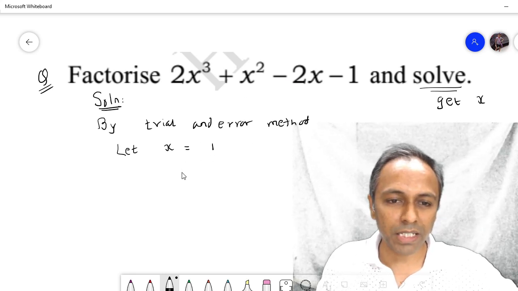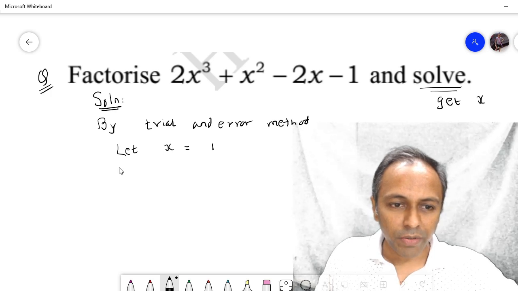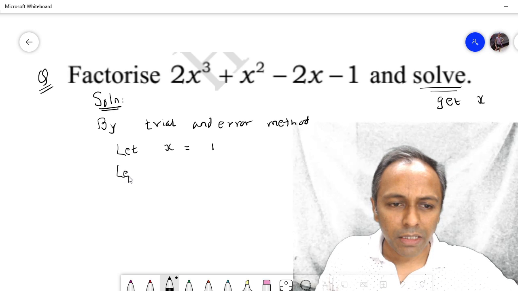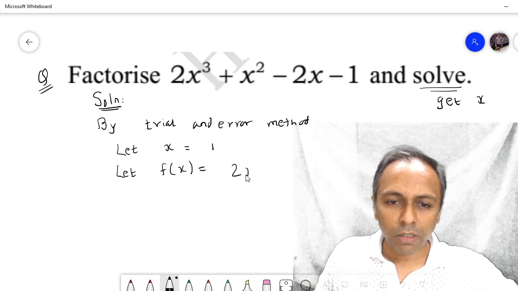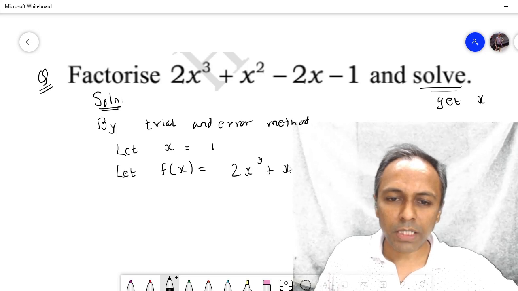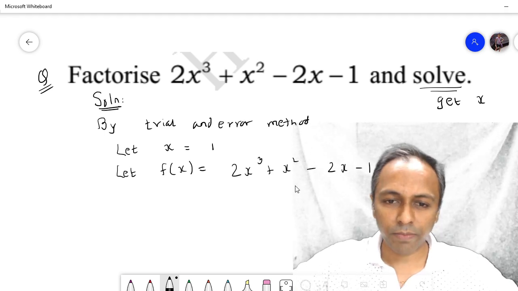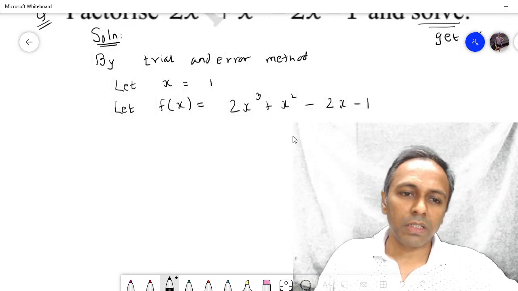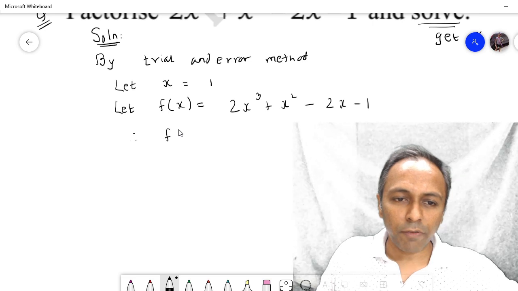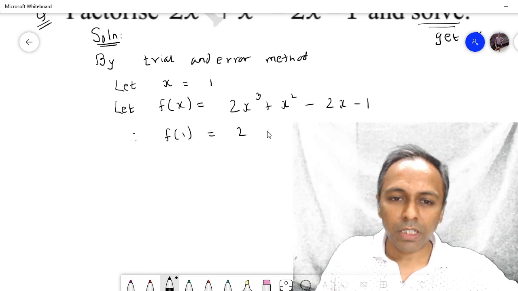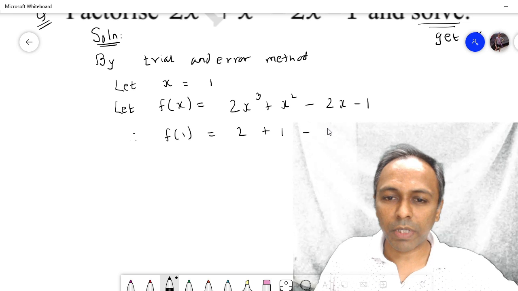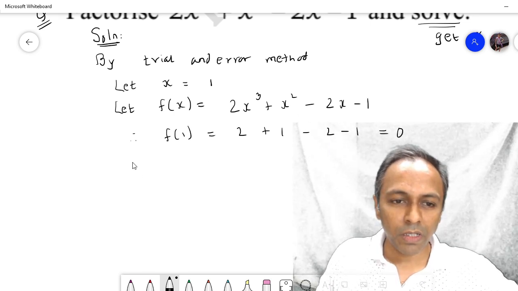So let x is equal to 1. Then you can write let f of x is equal to 2x cube plus x square minus 2x minus 1. Therefore f of 1, as x is 1, is equal to 2 plus 1 minus 2 minus 1, is equal to 0.